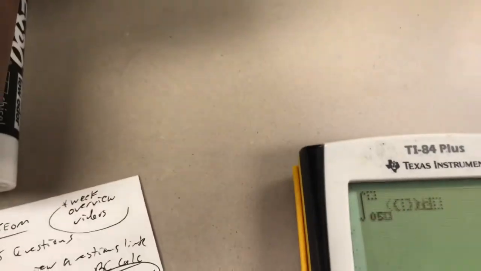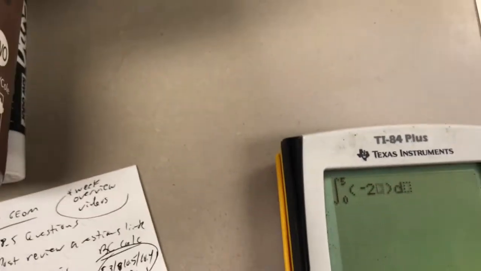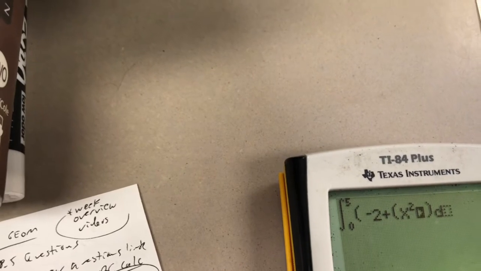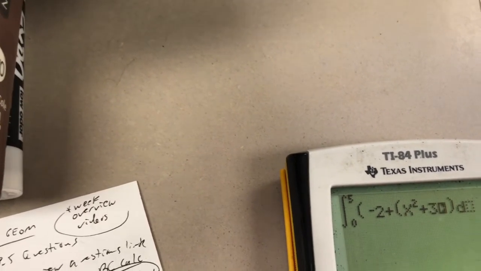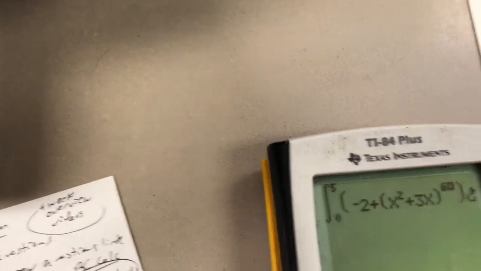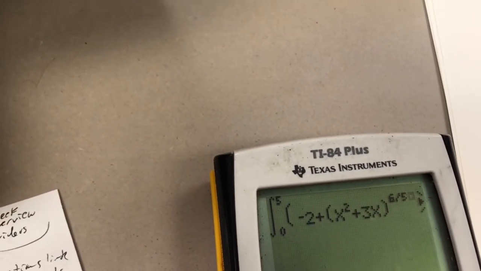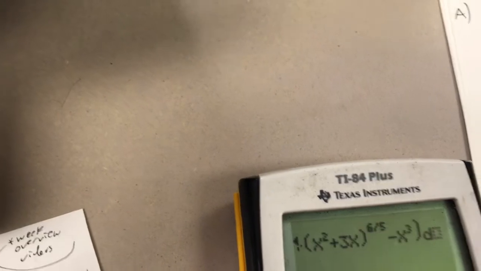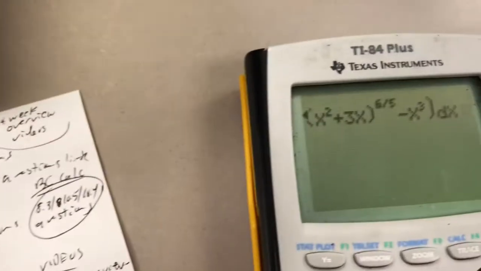Anyway, I'm not sure anybody wants to see me type all this in, but I'm going to math 9. We're doing the integral from 0 to 5 of -2 plus t squared plus 3t raised to the 6/5 power minus t cubed, and then technically dx in this case.